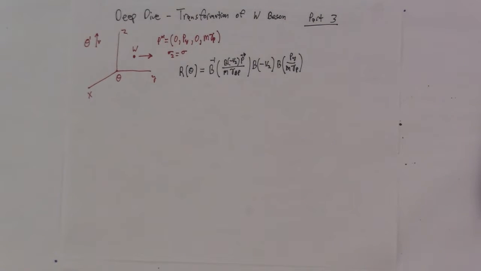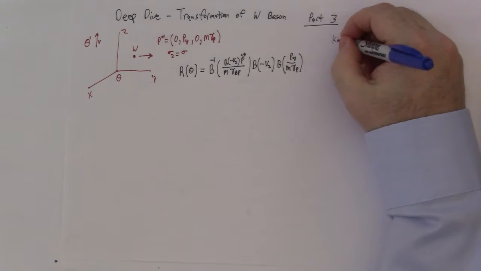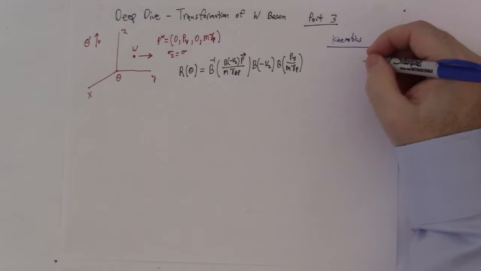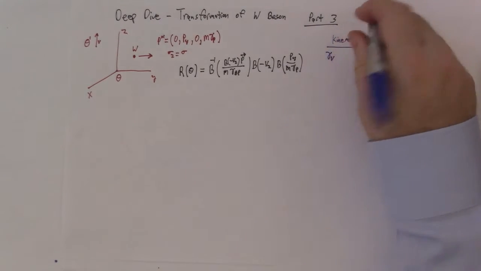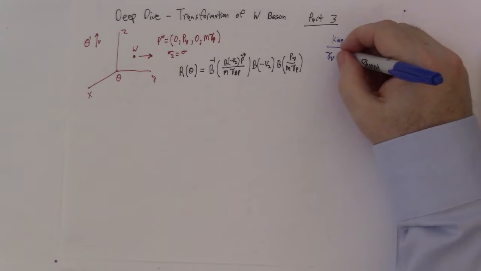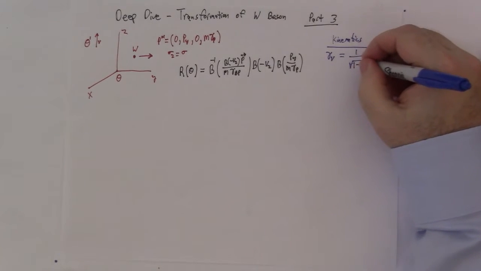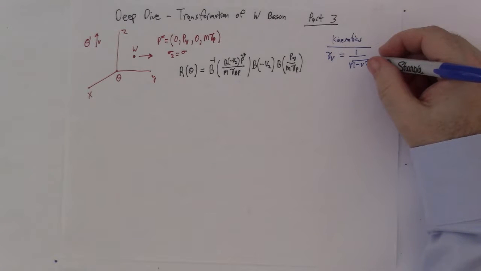So our kinematics. I'm going to define our notation as follows. First of all, we're going to need gamma v corresponding to the boost from O to O prime. That's equal to our standard formula from special relativity, 1 over the square root of 1 minus v squared.